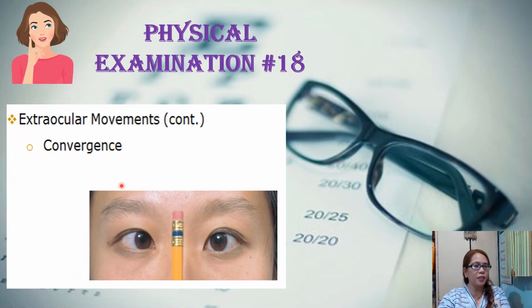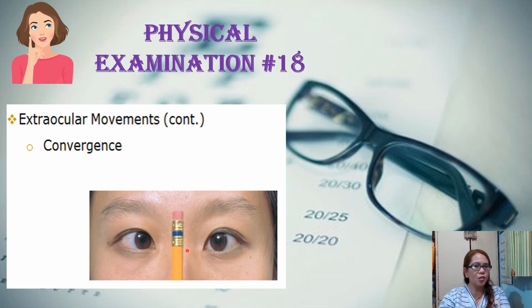So let's proceed to checking of the convergence of the eye. When we say convergence, it is the ability of the eyes to turn the two eyes inward toward each other. So yung parang naduduling ka, to look at a close object.